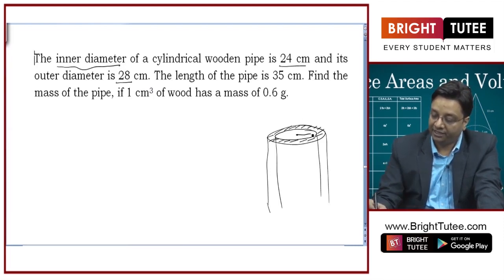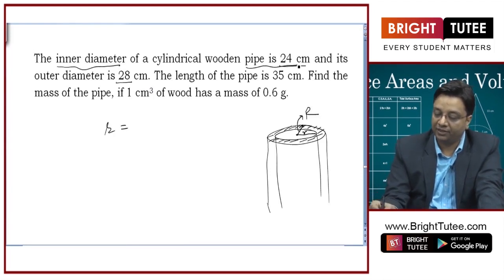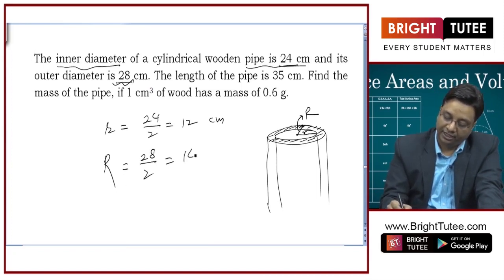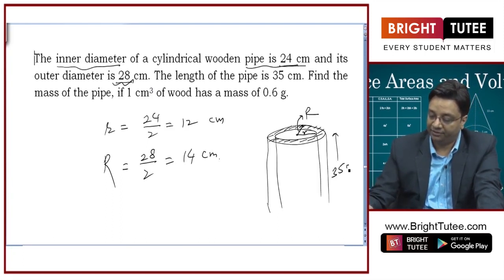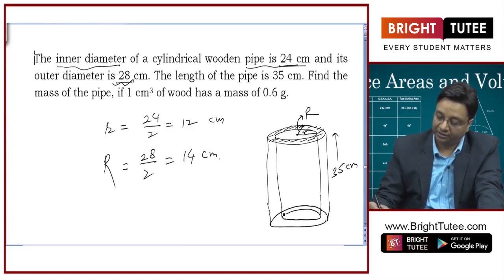If I take inner radius as small r and outer radius as capital R, so I can say inner radius is half of inner diameter, that is 24 by 2 equals 12 centimeter, and outer radius is half of outer diameter, that is 14 centimeter, right? And the length of this pipe is 35 centimeter. This is a rough figure, okay? So this is the wooden material.